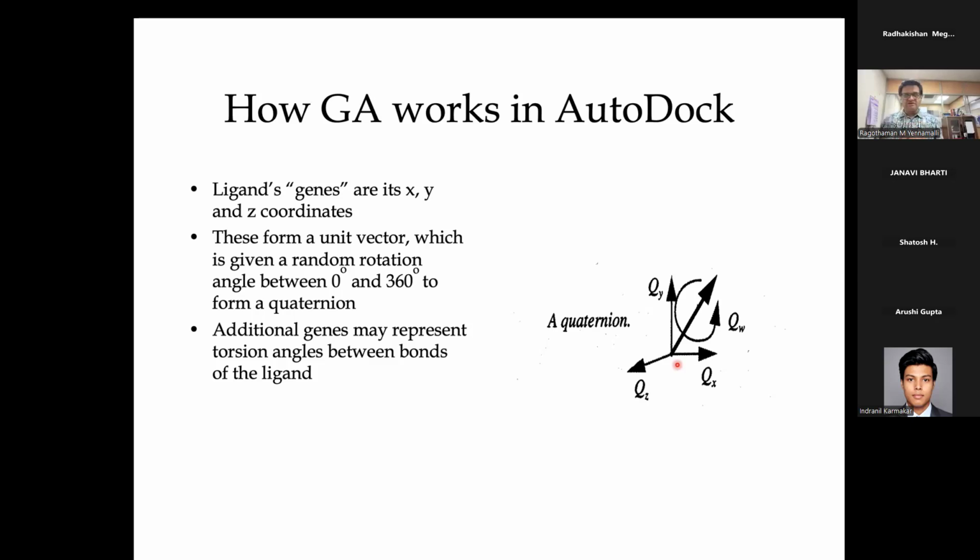Whatever the rotation it is, you have the XYZ coordinates as genes. So that means every time you are changing an X coordinate, keeping Y and Z constant, you are moving the molecule on the energy landscape on the X axis. Similarly, if you change all three, that means you are going to jump from one part of the energy landscape to another part of the energy landscape.